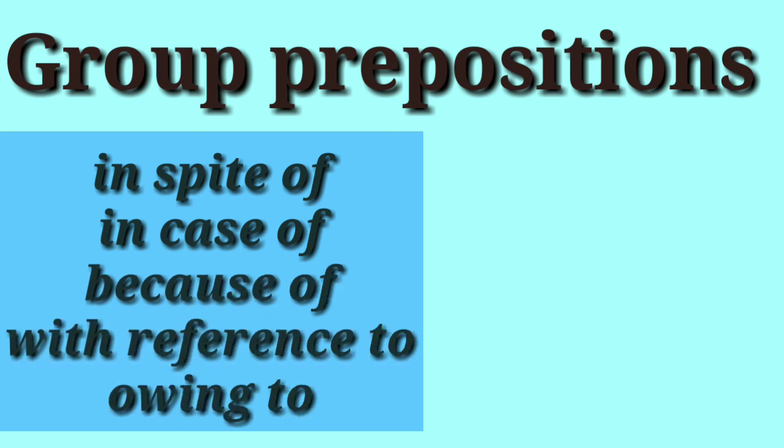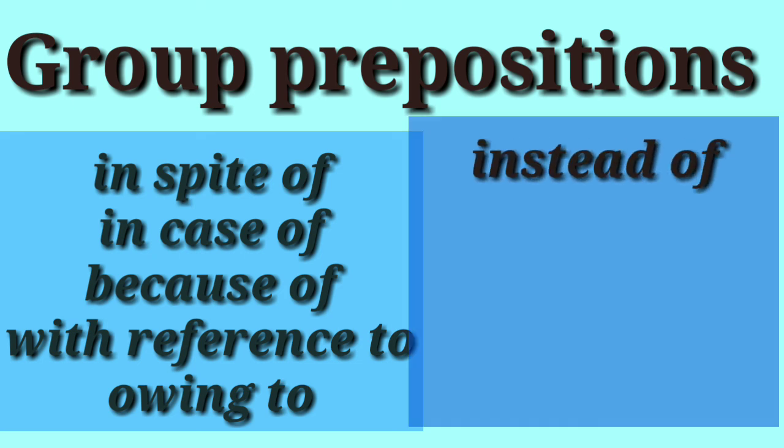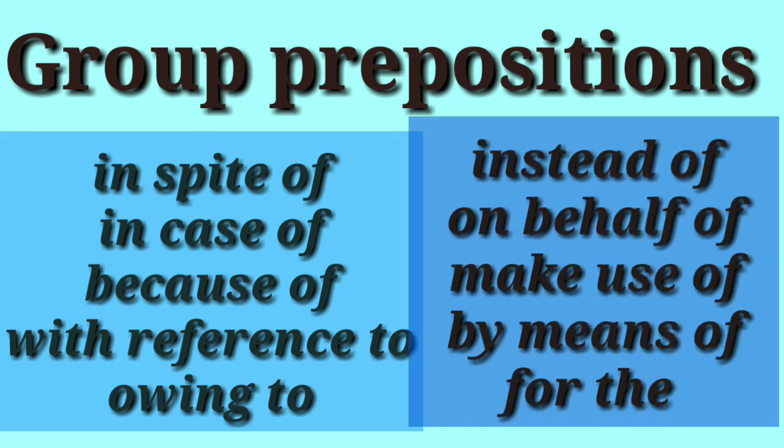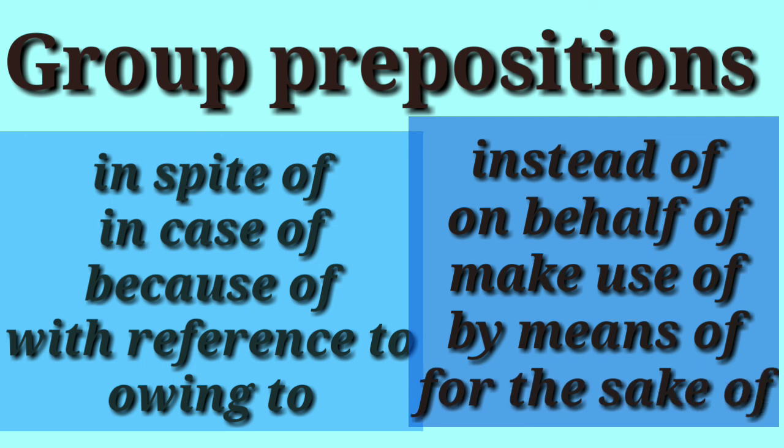There are some groups of words that function as prepositions. You can see some examples like in spite of, in case of, because of, with reference to, owing to, instead of, on behalf of, make use of, by means of, for the sake of, etc.